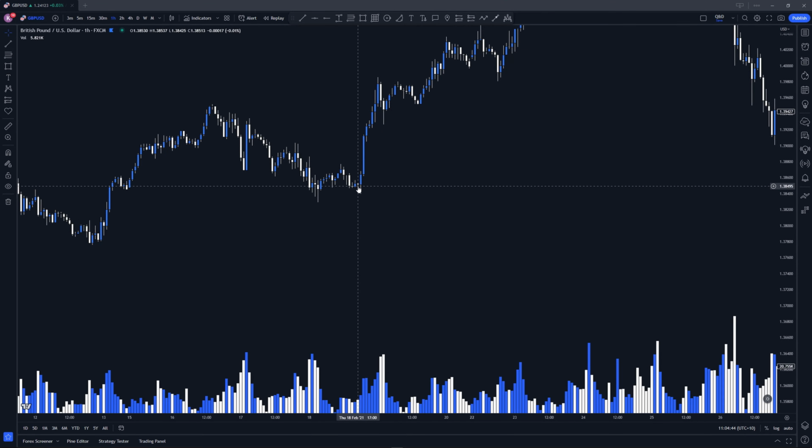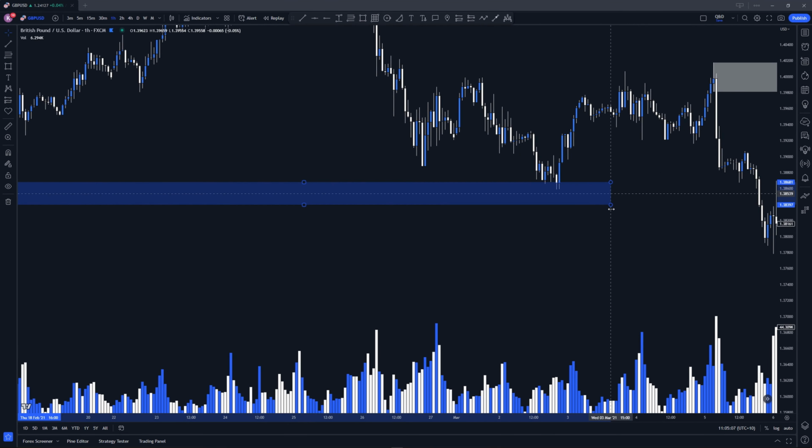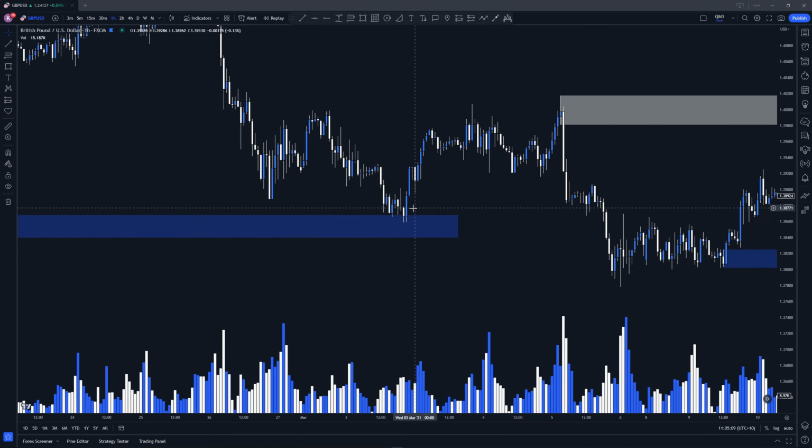So this candle here, it's not exactly a doji, but it still looks great because it's got somewhat high volume down here. Probably mark it up from this candle here. There we go.